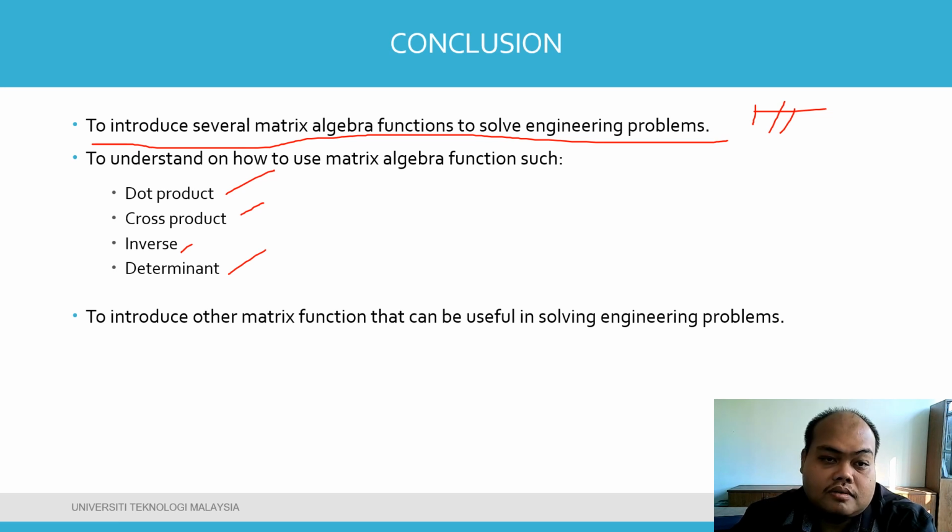I showed you where we use these: for example, cross product in motor, F equals B, L, B, then dot product, determinant, and inverse matrix, where to use them. I also showed you other matrix functions that can be useful in engineering problems, such as I and trace.